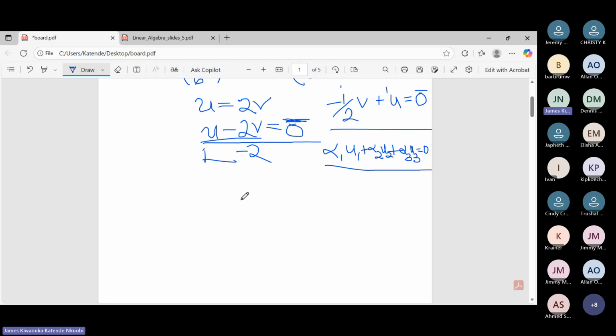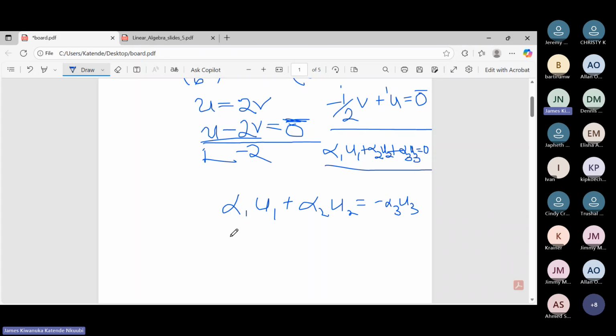Now, once I write it like this, I can choose to add alpha 2 U2, and then I can choose to send this alpha 3 to the right-hand side, in which case it will be negative alpha 3 U3. Is that correct? Yes. Then I can divide both sides by this negative alpha 3.